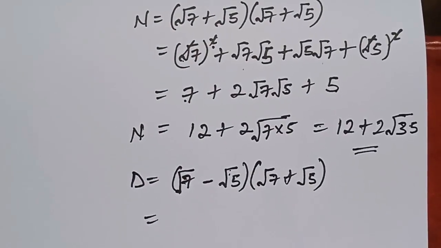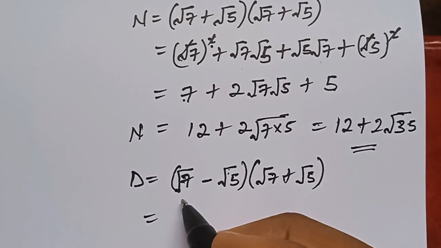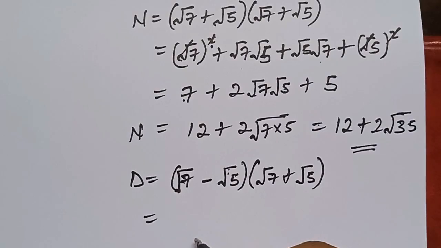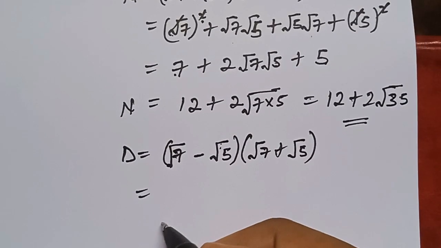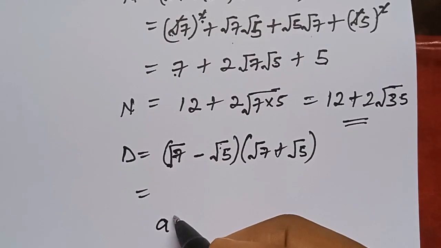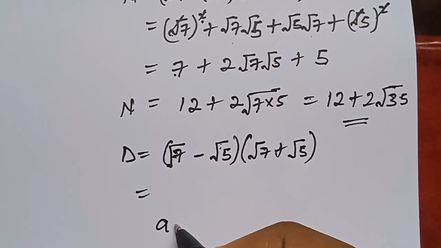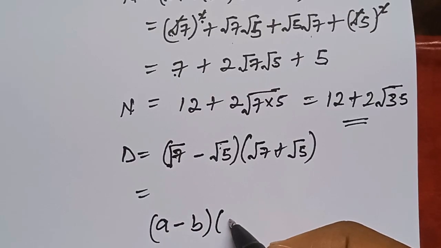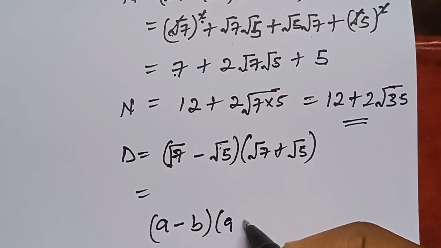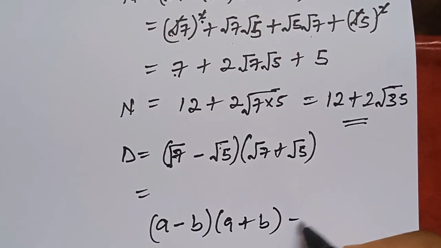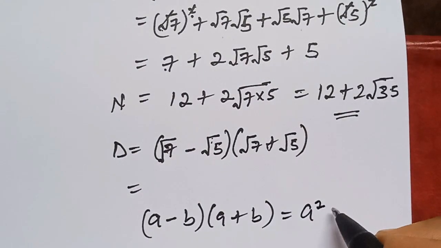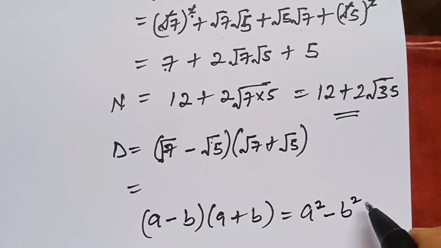To expand this, we can easily adopt the identity of algebra that indicates when you have something of this nature: a minus b multiplied into bracket a plus b can be expanded as a squared minus b squared.